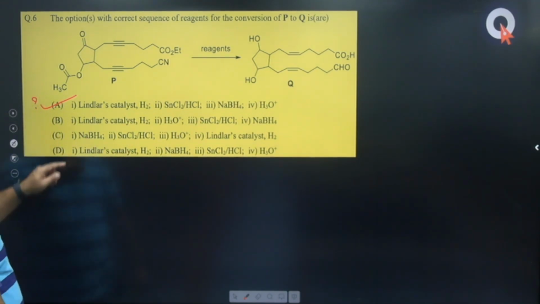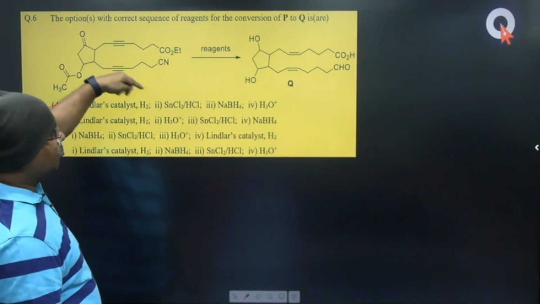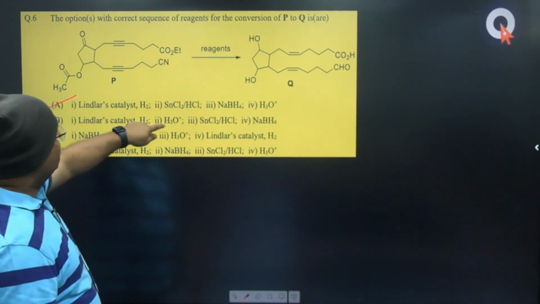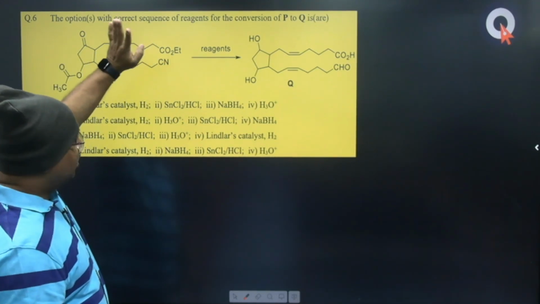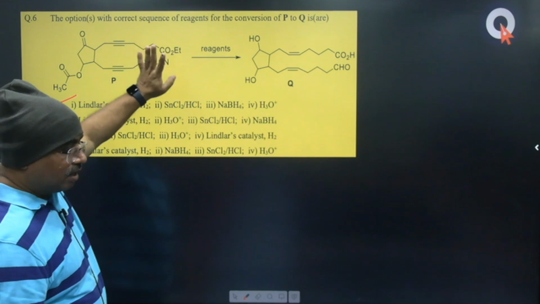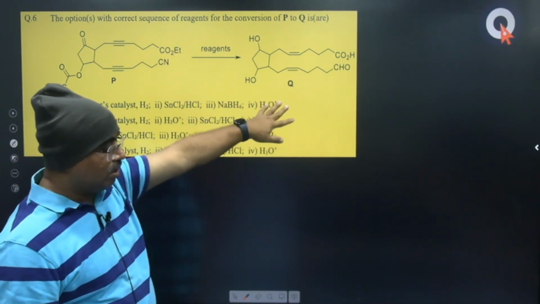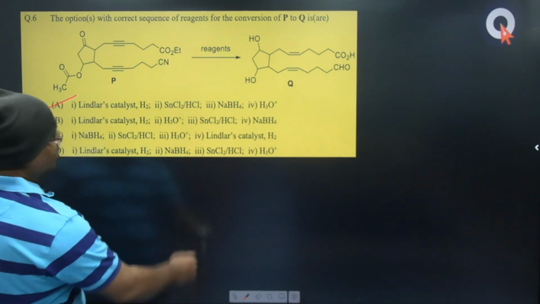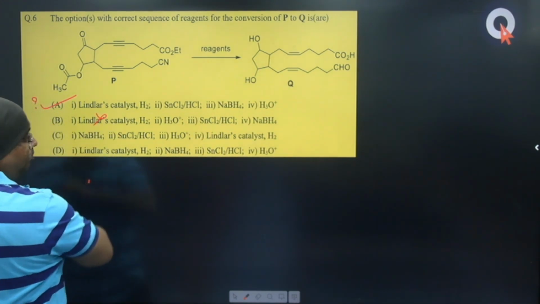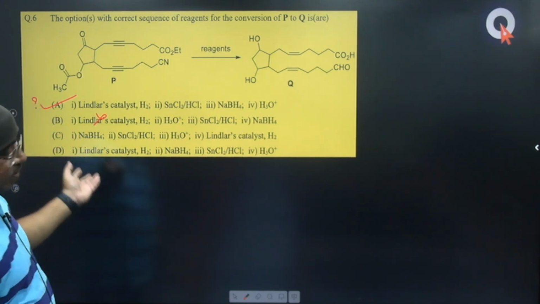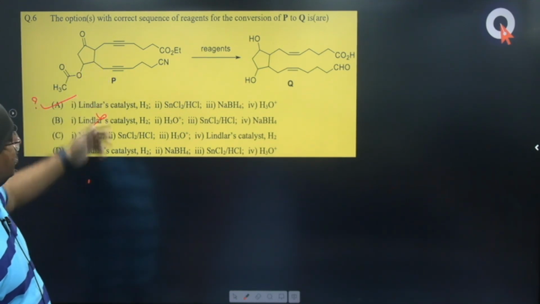Then next, Lindlar's catalyst with hydrogen. Okay, triple bonds will convert into double bonds, no problem. Hydrolysis, this will be hydrolyzed, this will be hydrolyzed. Clear? Then cyanides can also be hydrolyzed into acid. Then you can't reduce with sodium borohydride to aldehydes. So even SnCl2 cannot be useful. So this cannot be the one. So when you hydrolyze it first, ester hydrolyzes, nitrile hydrolyzes.